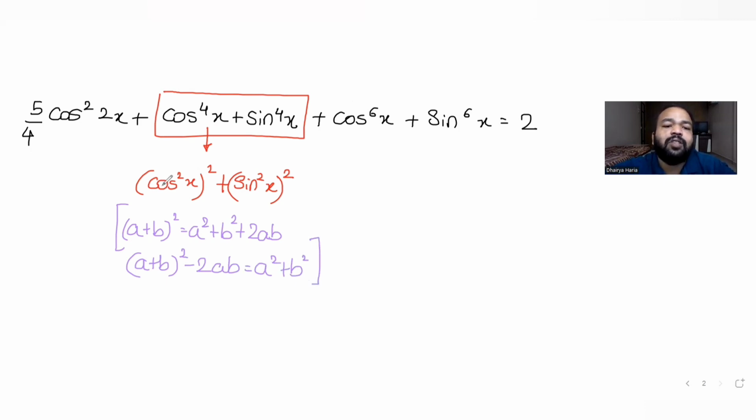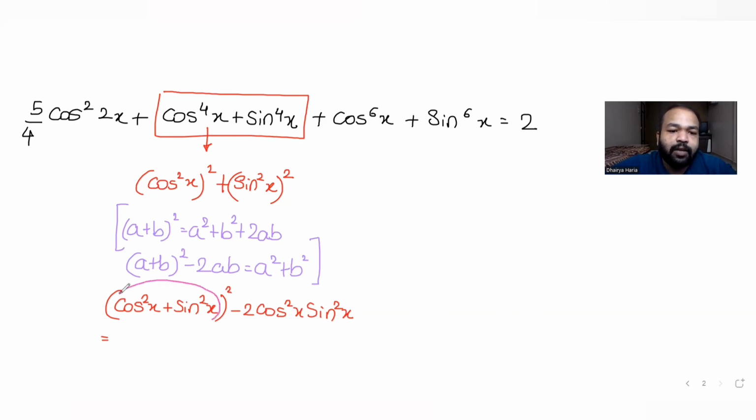So I can write this as a plus b the whole square: cos square x plus sin square x the whole square, minus 2 cos square x sin square x. I know sin square theta plus cos square theta is equal to 1, so I'm using the identity that this entire thing is equal to 1.